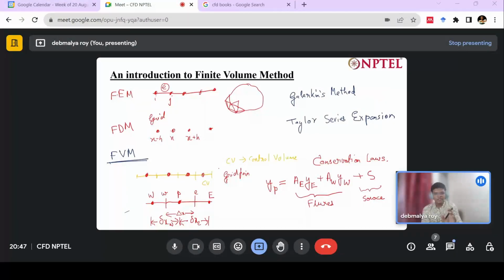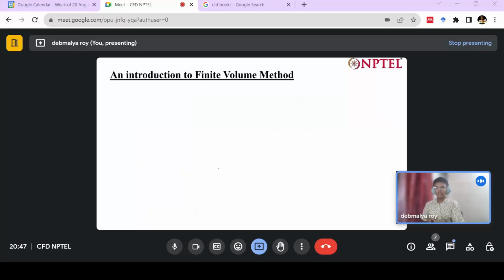So this is basically the ideology. We try to estimate point P using the neighboring fluxes from the neighboring control volumes and a source term.